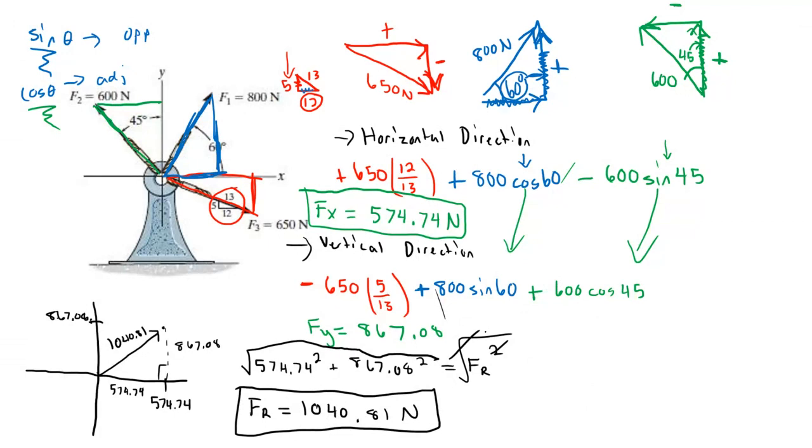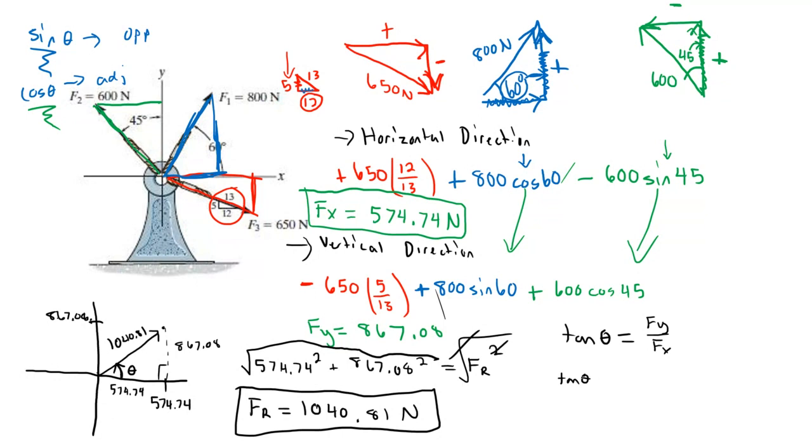So the last thing that you need to get is the angle in the counterclockwise direction, okay? So we are looking for this angle. Again, you're going to use tangent, because tangent is equal to the opposite over adjacent, or your Fy over Fx.